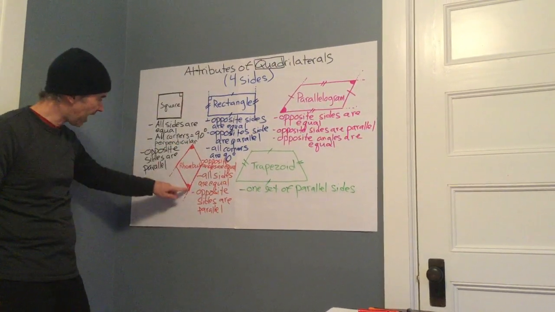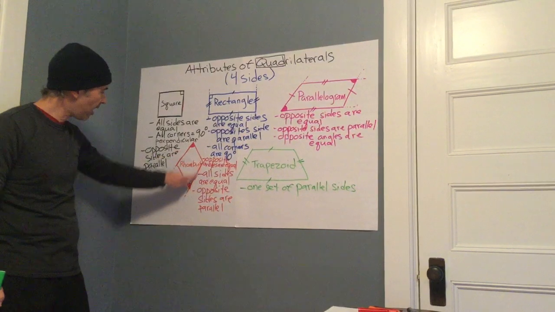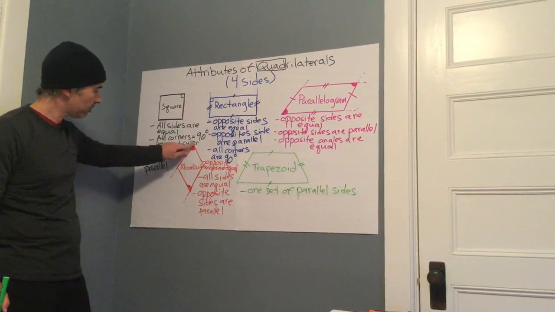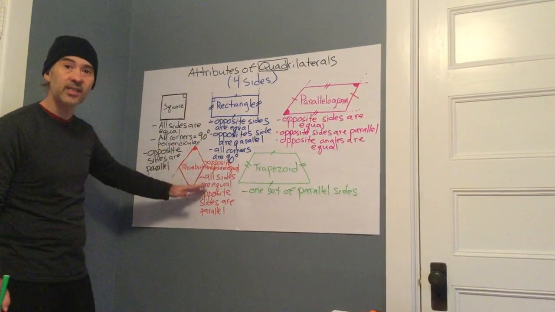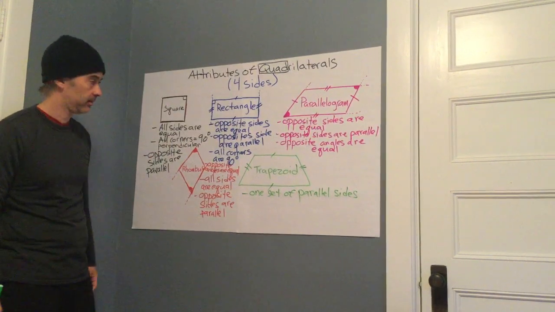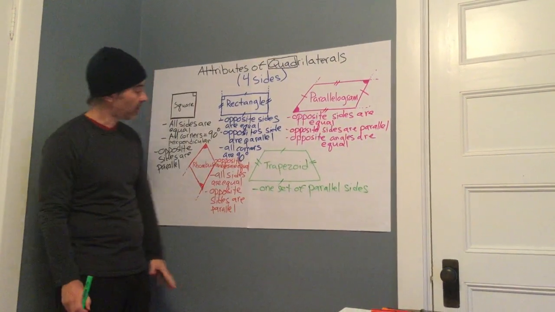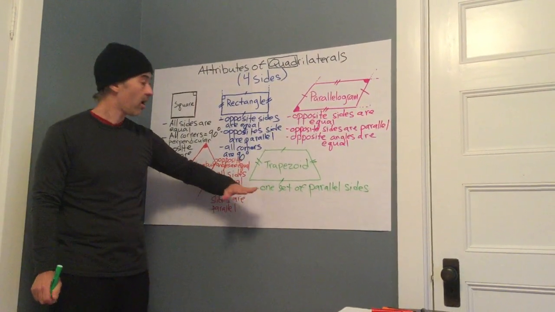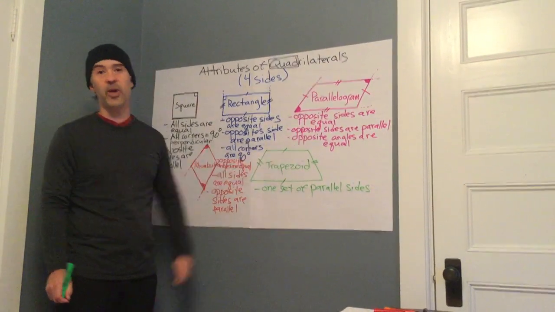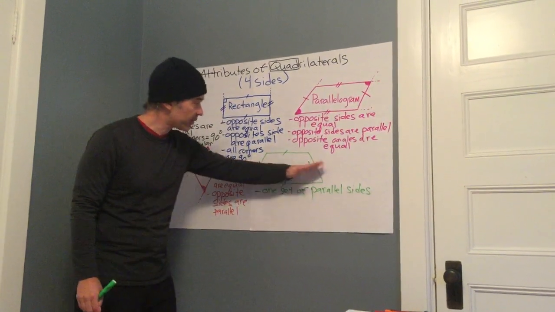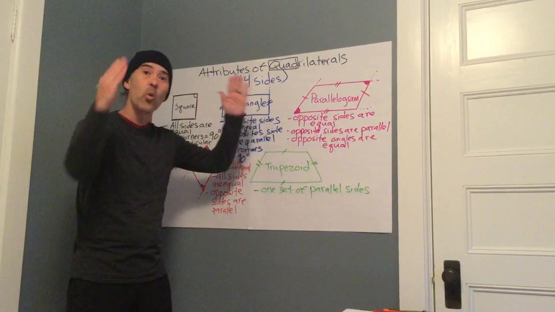Rhombus: opposite angles are equal, all sides are equal, and opposite sides are parallel. And a trapezoid, well, only one set of sides is parallel. The other set of sides, the other opposite sides, will meet.